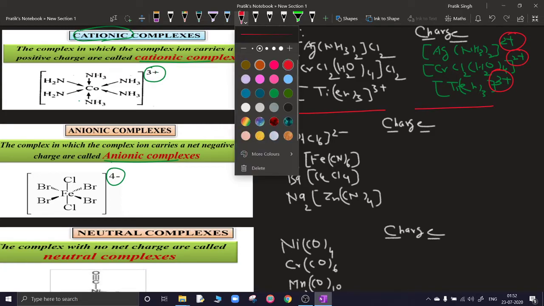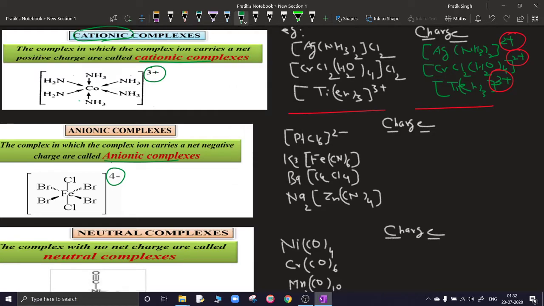In this case, the charge is minus. The first complex is PtCl6 2 minus. Second, this is Fe(CN)6 3 minus. This is CuCl4 2 minus, and this is ZnCl4 2 minus.